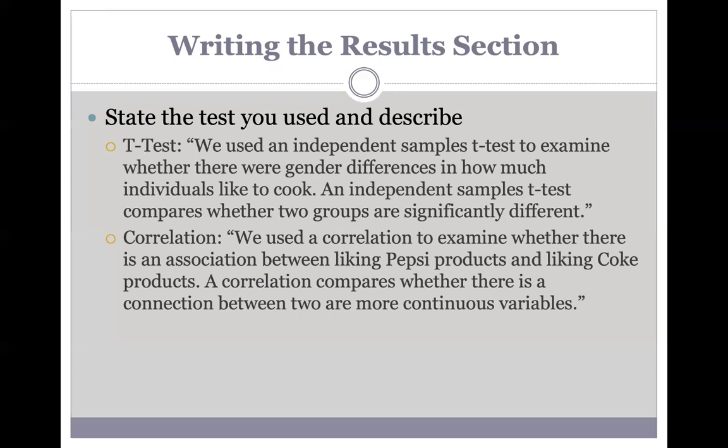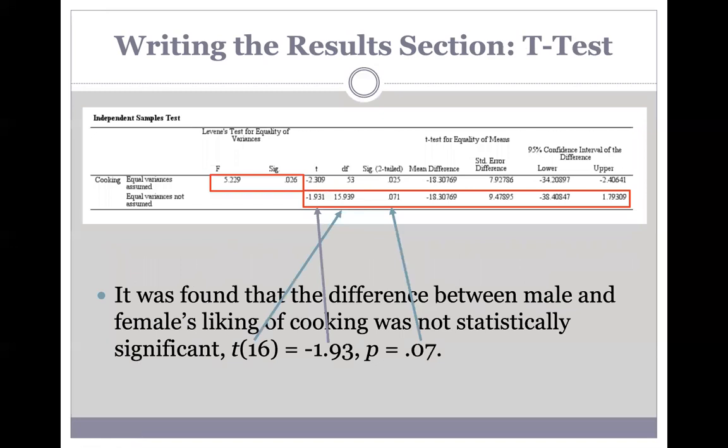I'm not going to dock you if you put the line, an independent samples t-test compares whether two groups are significantly different, because it's in these slides, but I would highly, highly recommend not doing that, and in your professional career, not putting in sentences like this. That being said, the first sentence is really good, and that's how you should put it. I'm not going to read the correlation one. You can read that on your own.